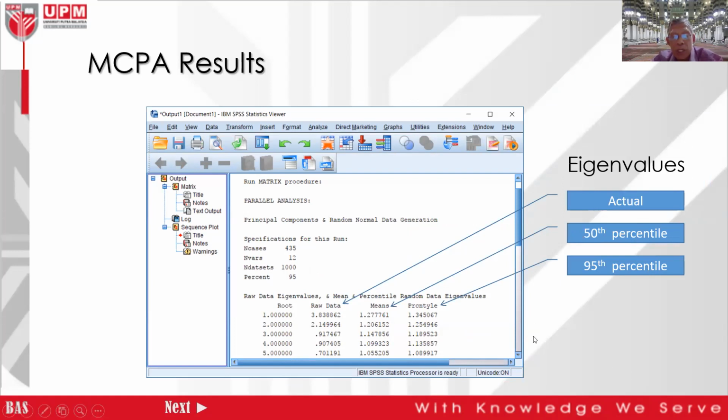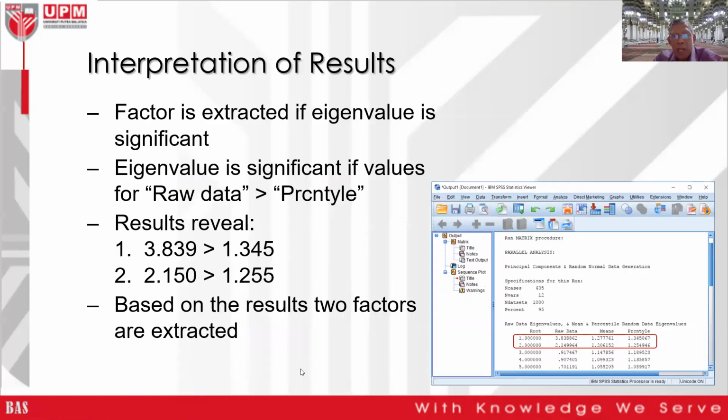That means we refer to these two columns, the second column and the third column: raw data against percentile. The criterion is, if the raw eigenvalue is bigger than the percentile, then you consider that as one factor.